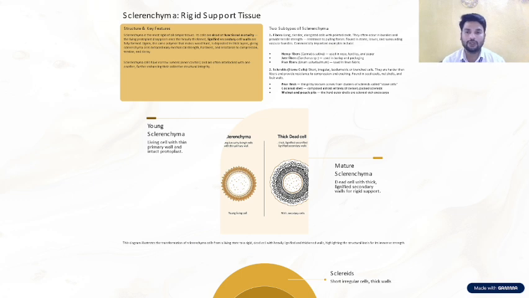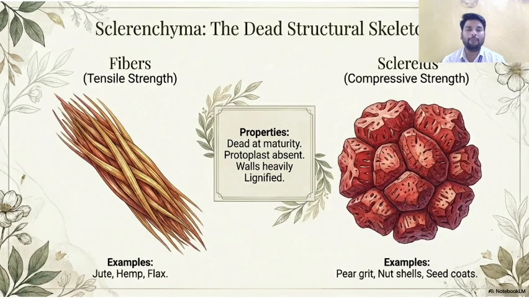Young sclerenchyma is living in nature with a thin primary wall and intact protoplast, but at maturity it becomes dead with thick lignified secondary walls that provide rigid support. Sclerenchyma, the dead structural skeleton, has two types, as discussed in the previous slide: fiber, which provides tensile strength, and sclereid, which provides compressive strength.